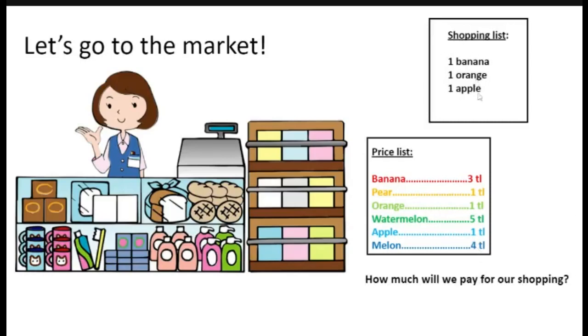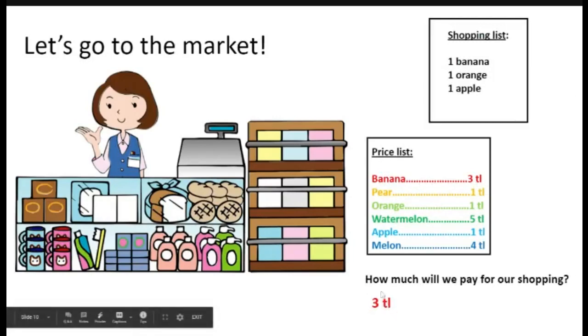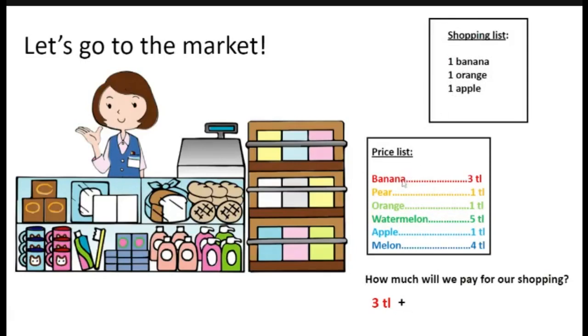So, on our shopping list, we have one banana. How much does one banana cost? One banana, 3 lira. Okay, so 3 lira for one banana, plus one orange. How much does it cost?